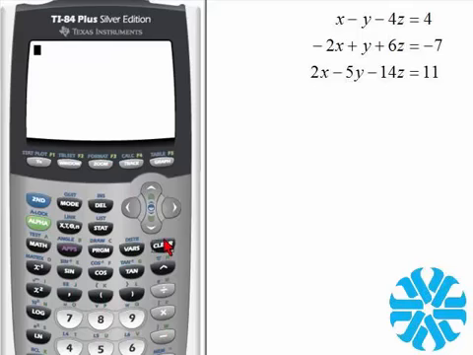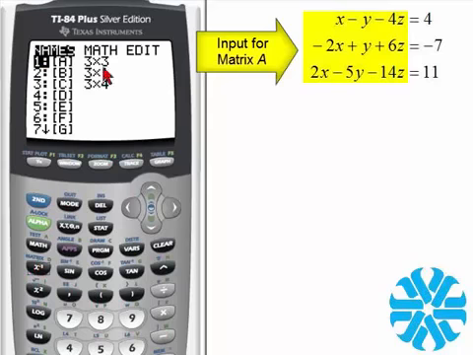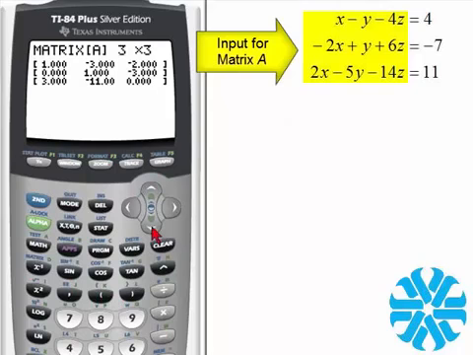Now we will input the values into the matrices. So second function matrix, we will edit matrix A, select enter. Let's input these cell values. So we have 1, that's fine, move over. Then we have -1, enter.